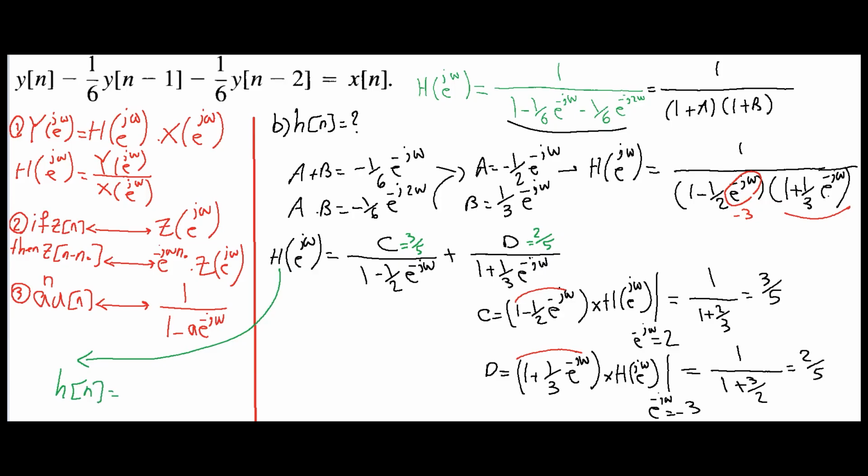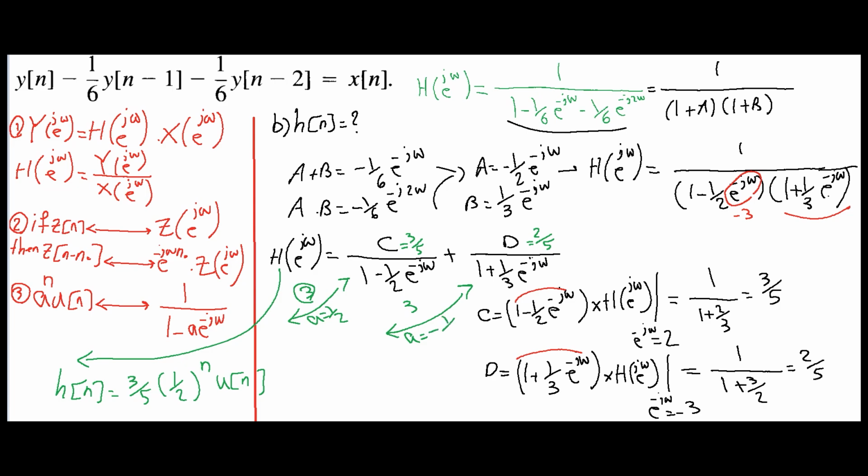Now we can easily compute the impulse response using the known Fourier transform pair. The first term corresponds to 3/5 multiplied by (1/2)^n u[n].